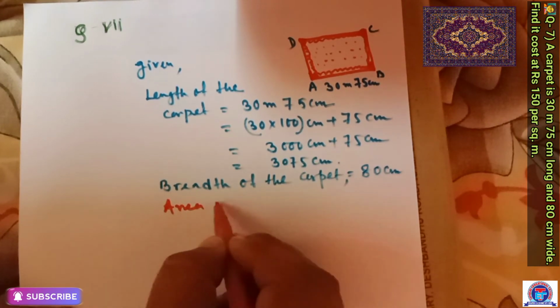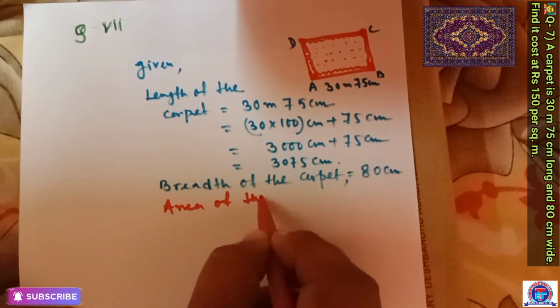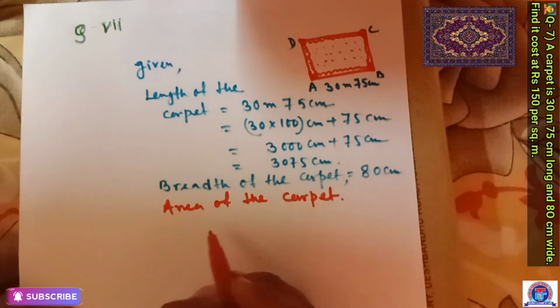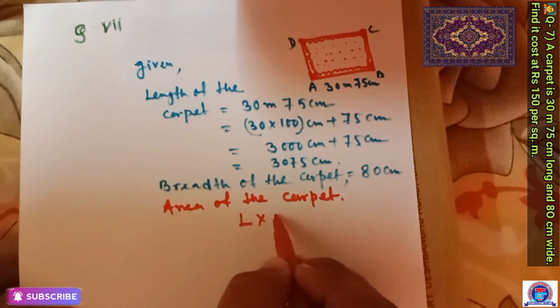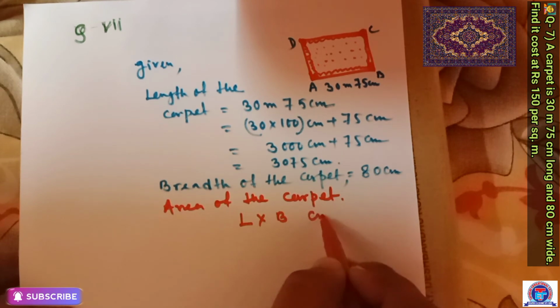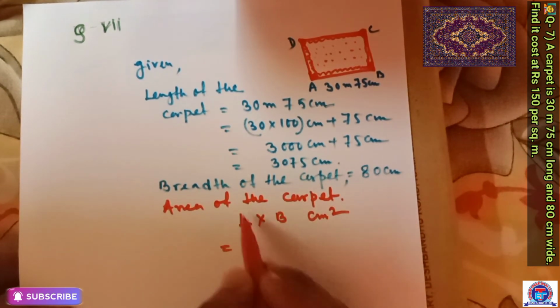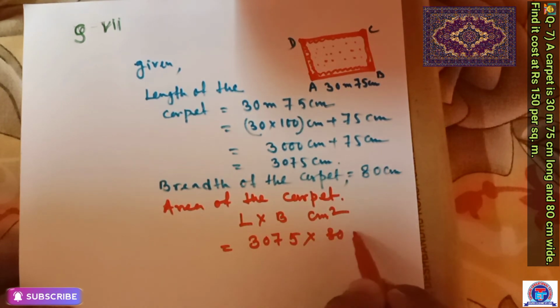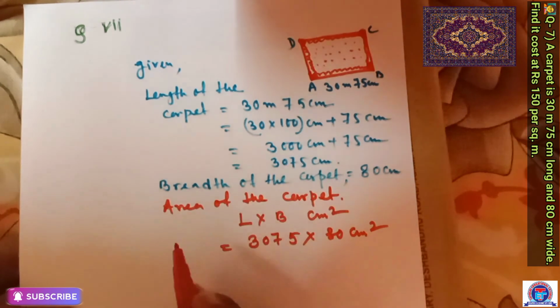Area of the carpet, that is length into breadth, centimeter square. That means length is 3075 into 80 centimeter square.